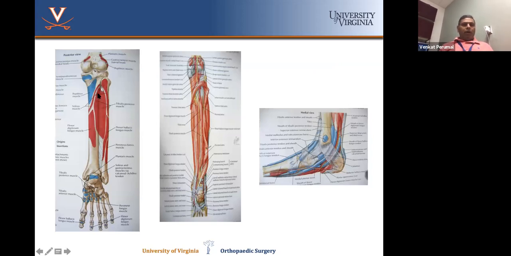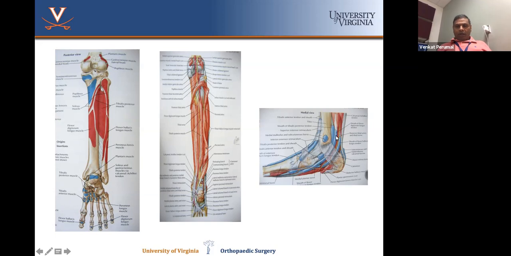This is the anatomy of the posterior aspect of the leg. This shows the origin of the tibialis posterior muscle. It originates from the posterior aspect of the tibia, interosseous membrane, as well as the fibula. If you see the medial aspect of the ankle, the tibialis posterior tendon comes all the way down very close to the medial malleolus and attaches to the navicular bone right there.